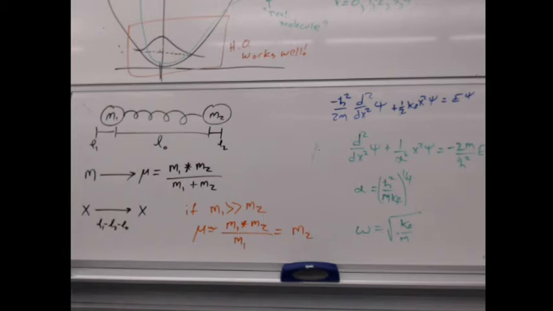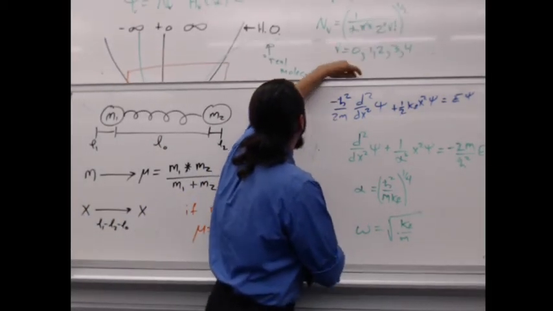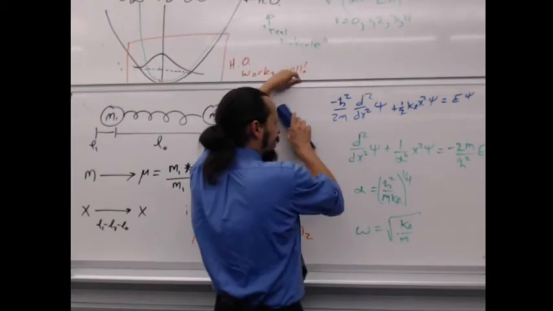Okay. Let's see. There's two more things I want to mention before we wrap up. The first is a note about these energy values, and particularly looking at the difference of two energy values.